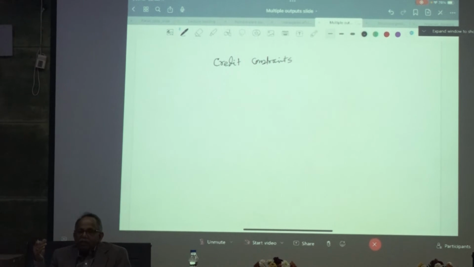So the question is, in general, that if you face credit constraint, how are you going to be modeling that aspect of it? Because if you estimate a production function as it is, then you are not including the credit constraint. So the credit constraint, the way we'll be modeling it like this.